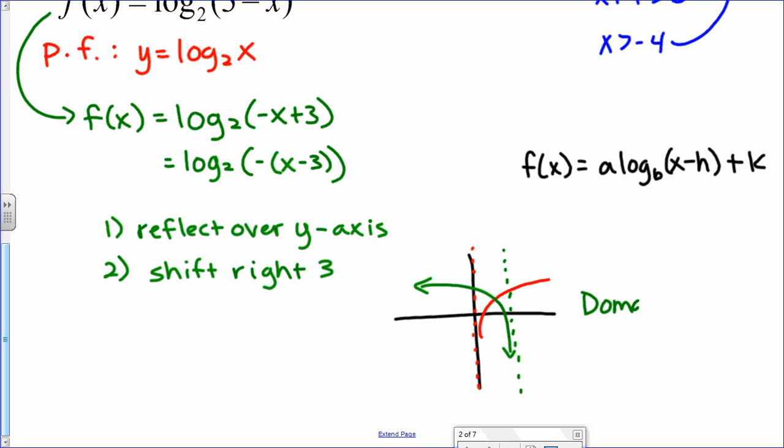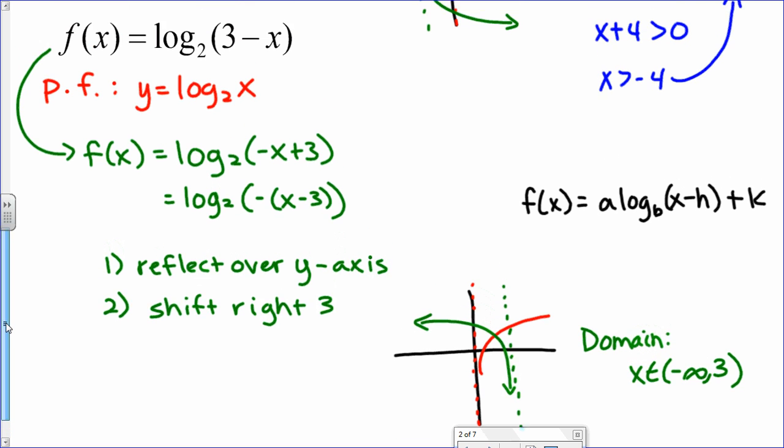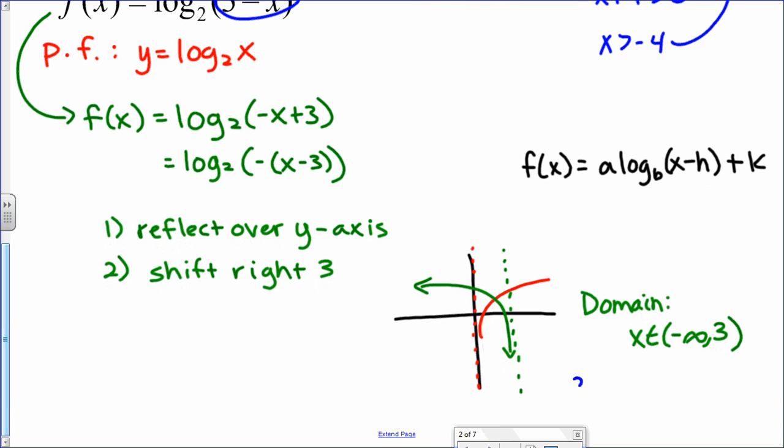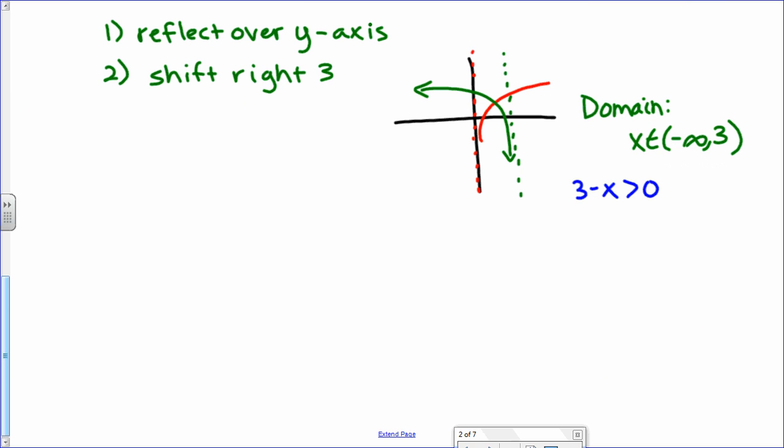And if I solve that inequality, I will get that because I have to divide by a negative. So if I solve that inequality, 3 minus x has to be greater than 0. Divide by negative 1. Okay.